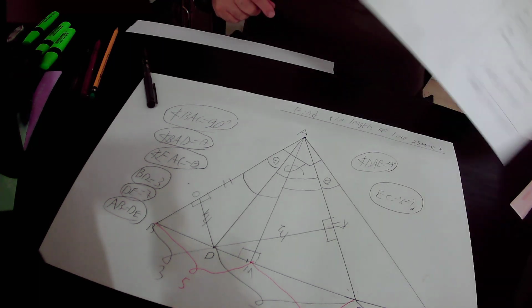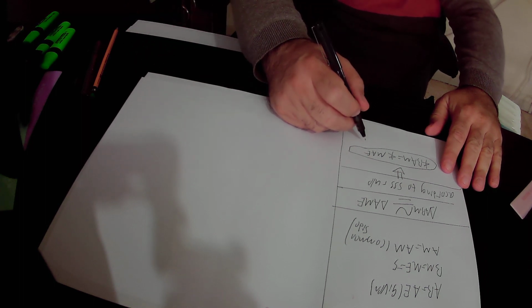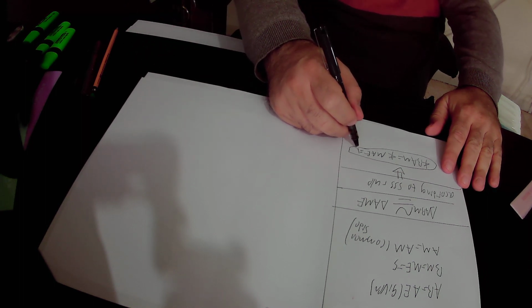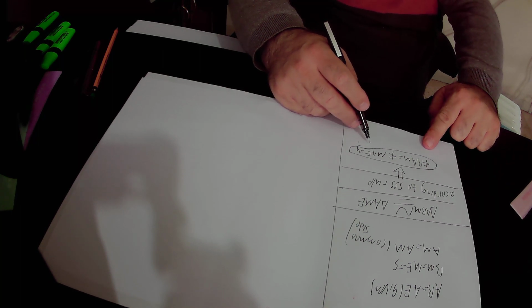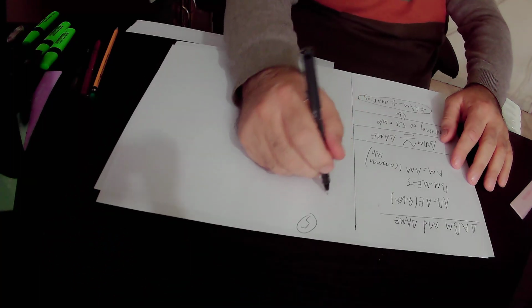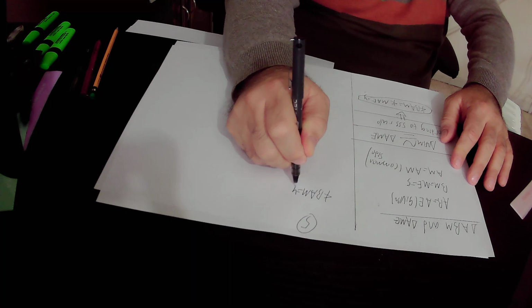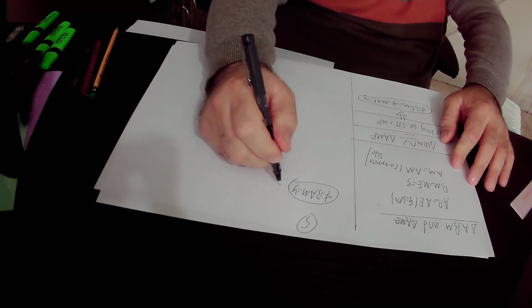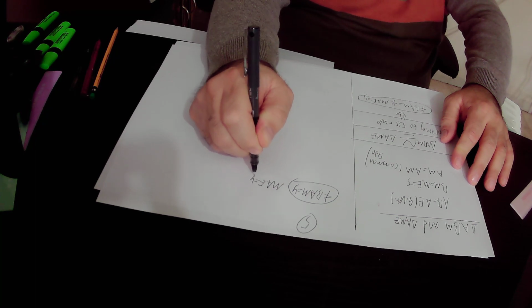So if we define angle MAE as y, then from this equation, y equals angle MAE equals angle BAM, we will conclude that angle BAM equals y. So angle BAM equals y, and angle MAE is also equal to y.